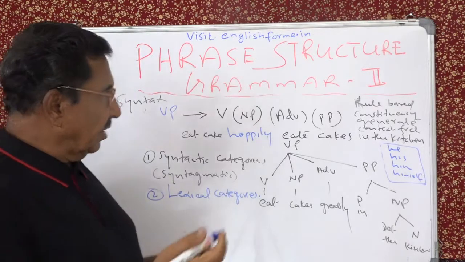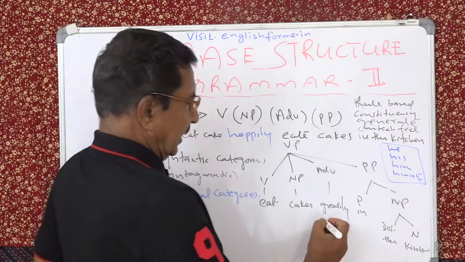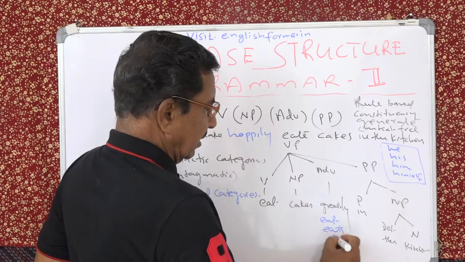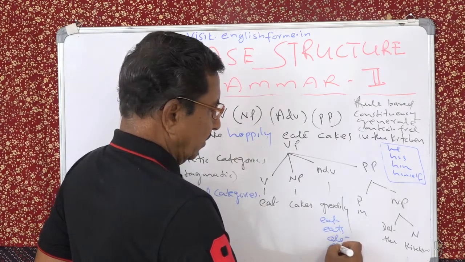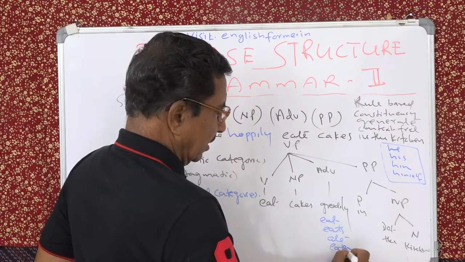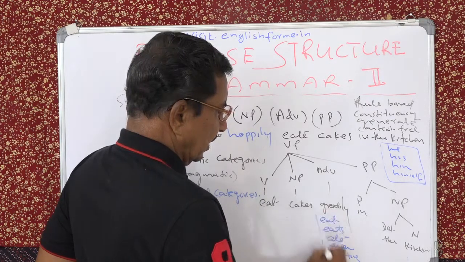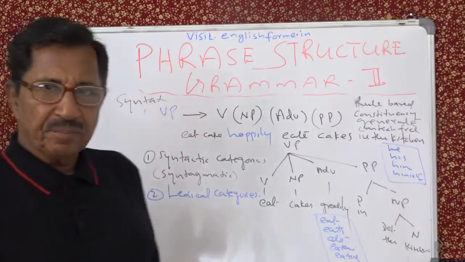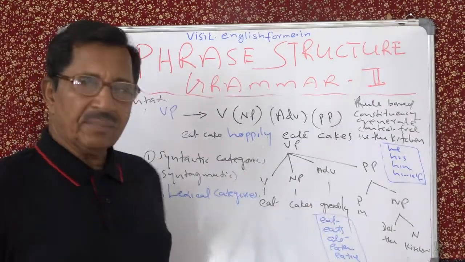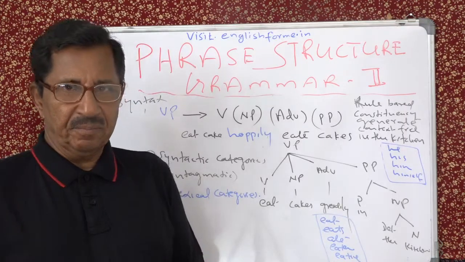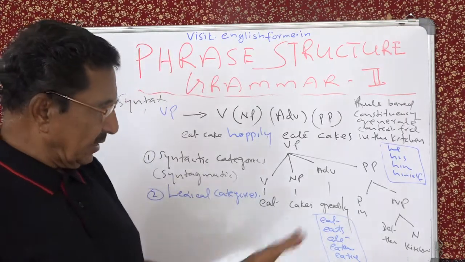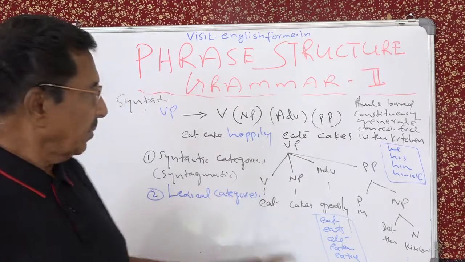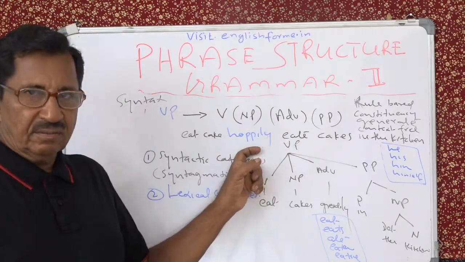Or if you take a verb, you can see eat, eats, ate, eaten, eating. This relationship is called paradigmatic. It's a table, but a vertical version. Same word but the ending changes. But here the whole word changes.